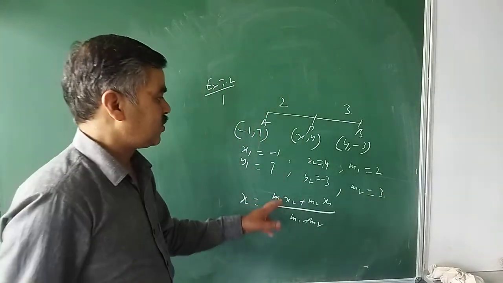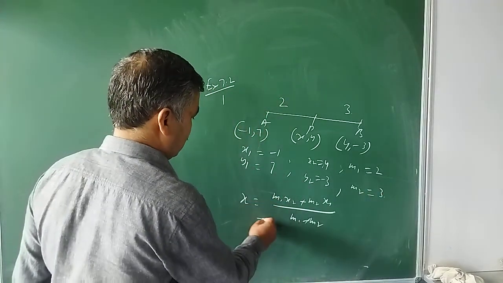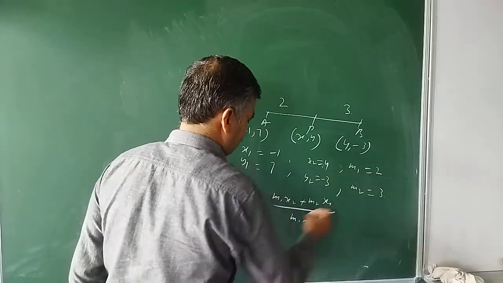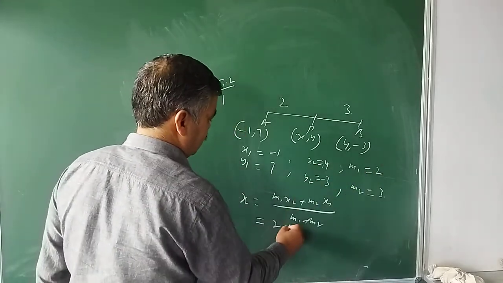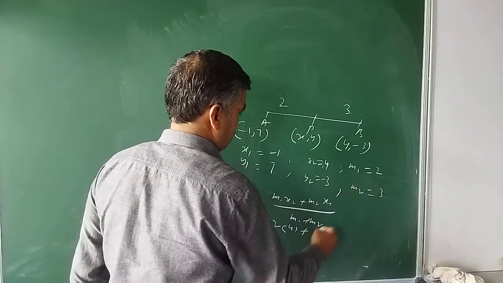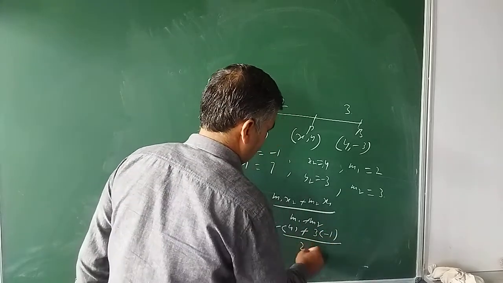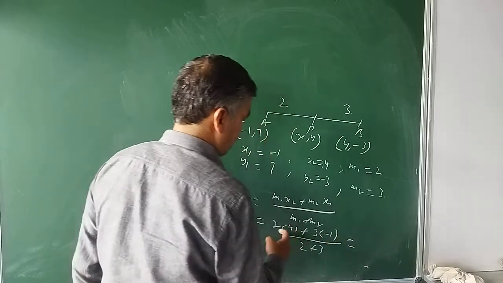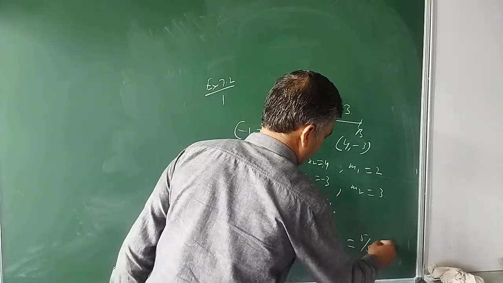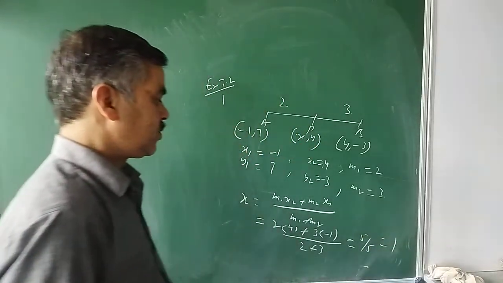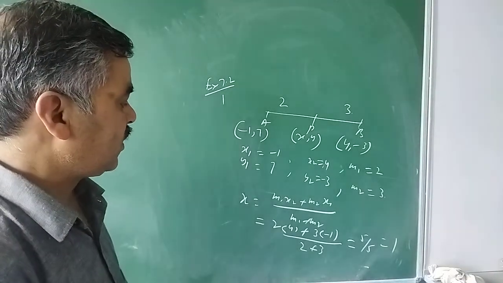Now you can substitute these values to get the value of x. That is m1 is 2, x2 is 4, 2 into 4, m2 is 3, x1 is -1, divided by 2 plus 3. It gives 8 minus 3, 5 upon 5, that is equal to 1. So x is equal to 1 will be the answer for this.